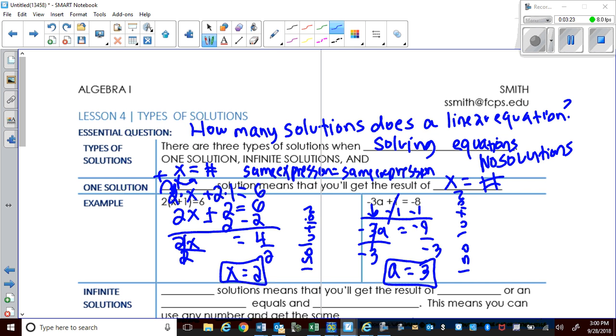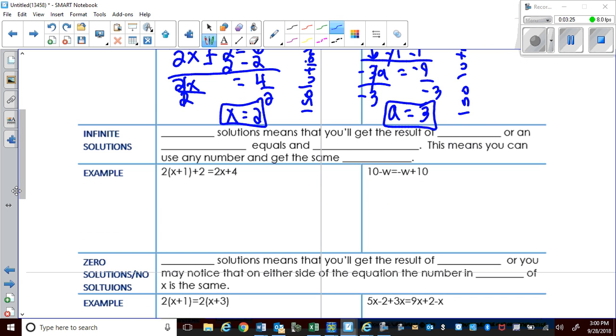Okay? Now, infinite solutions looks like this. It looks like the same expression on both sides. So infinite solutions, this is the infinity symbol, means that you'll get the result of the same number equals the same number, or an expression equals an expression.